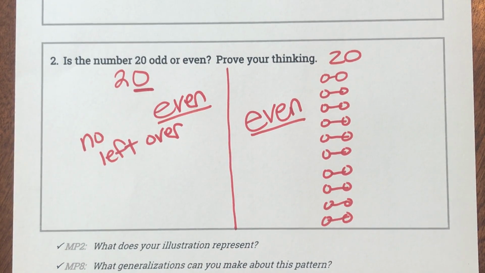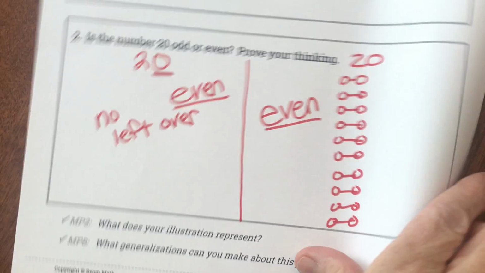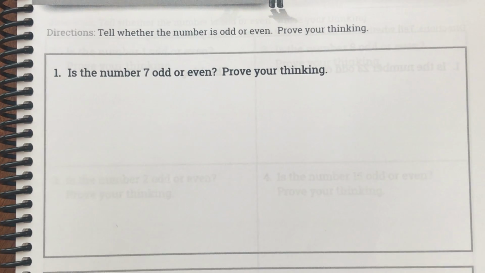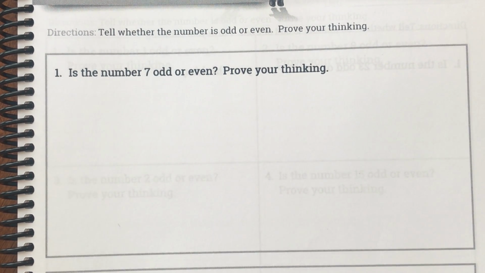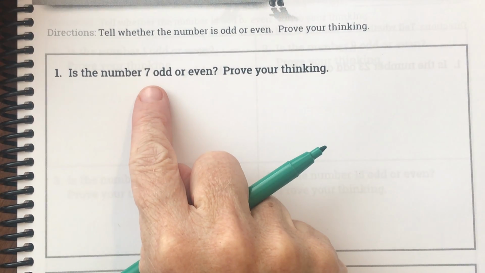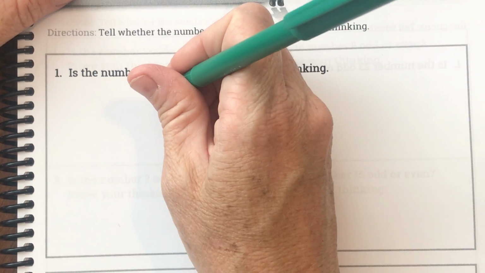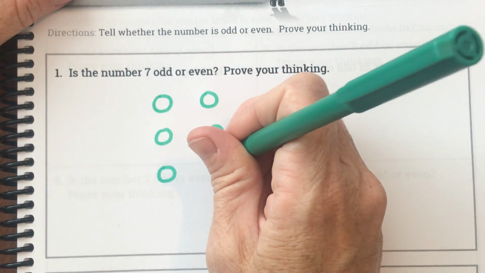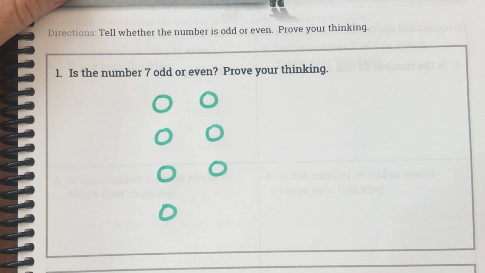Okay, let's do some of these together, friends. We're on page 82. Ready? And here's our first problem. It says, is the number 7 odd or even? Prove your thinking. Okay, so 7 is a single digit number, so we're going to draw it. So ready? 1, 2, 3, 4, 5, 6, 7.